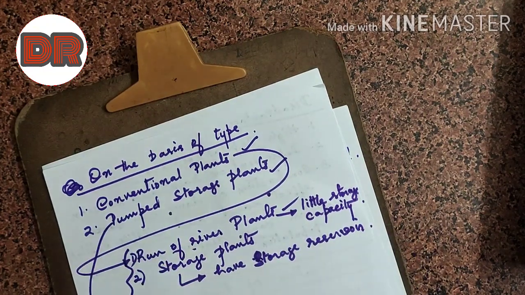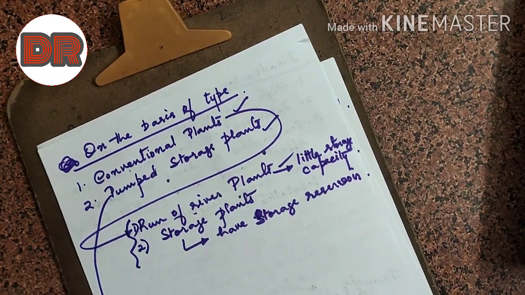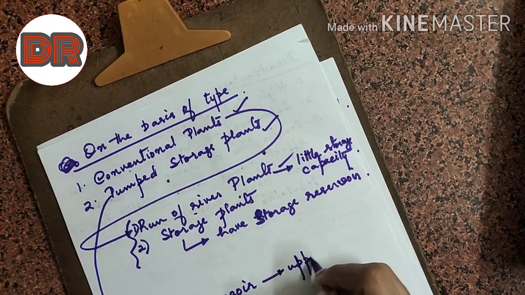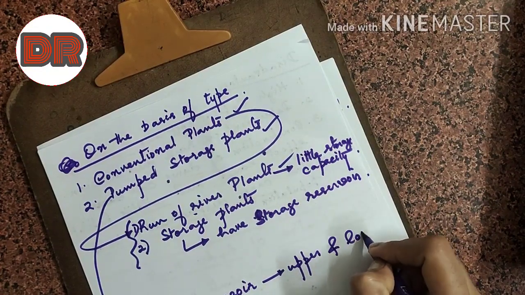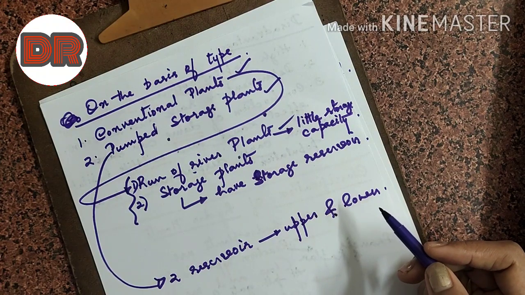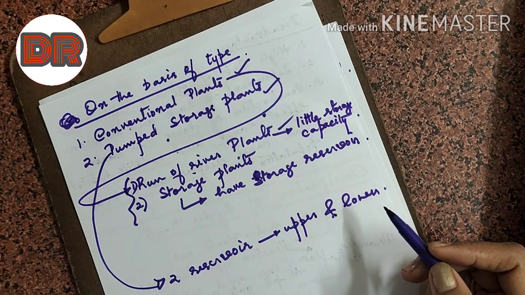And pumped storage plants have two reservoirs, one upper and one lower. At light loads, water is pumped from the lower reservoir to the upper reservoir, and during peak loads, water stored in the upper reservoir is released to generate power.